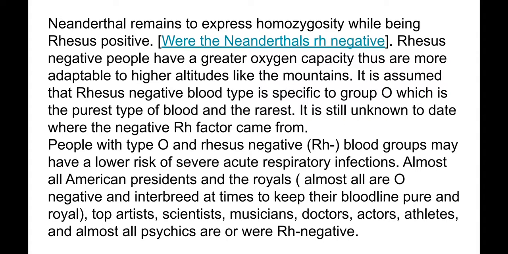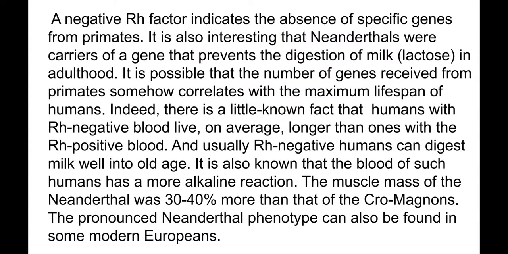Negative, it is like insomnia, difficult to sleep, but what is positive is that scientists, musicians, athletes, and almost all physicists were rhesus negative. I am a doctor in physics originally, so it is quite common for me to have rhesus negative and O type blood.